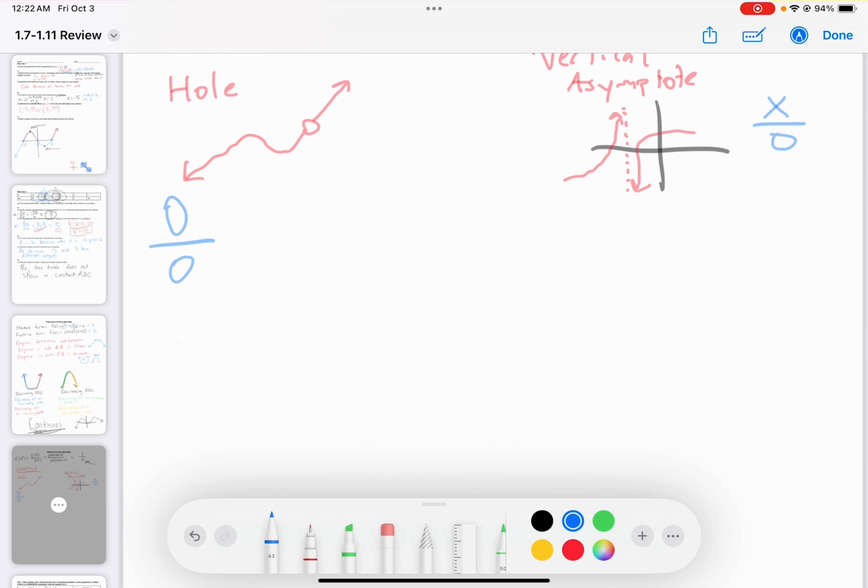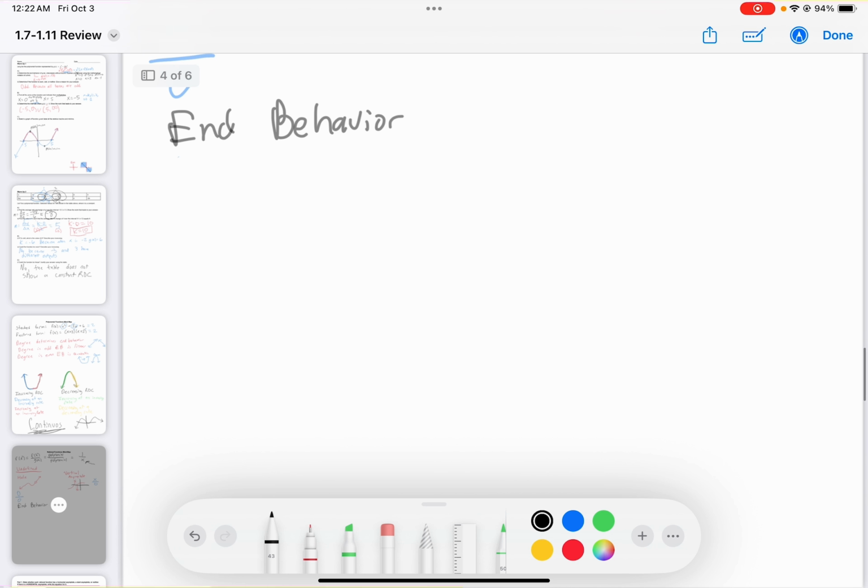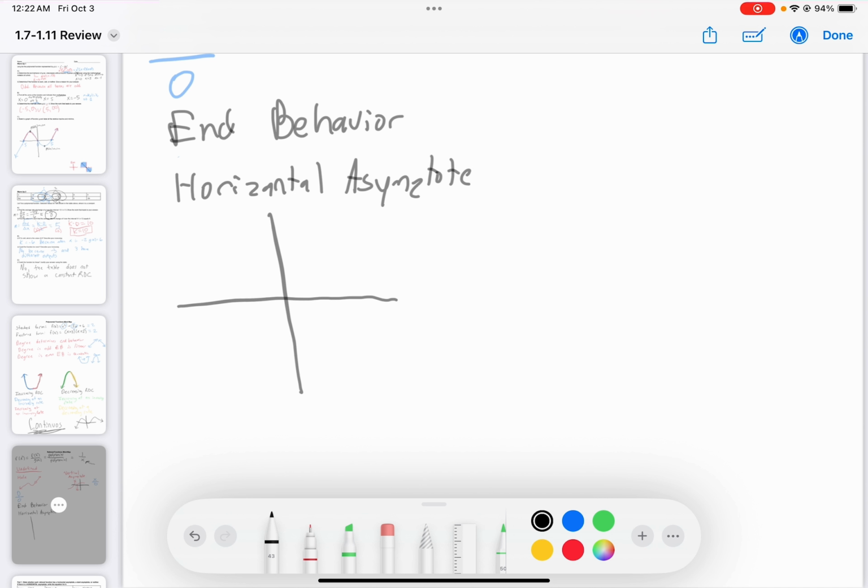Now, we have other types of asymptotes that speak about the end behavior of a function. So let's say I have a horizontal asymptote. All right, that's just going to be some horizontal line that as I go towards positive and negative infinity, I don't touch. So I'll just draw that out like this.